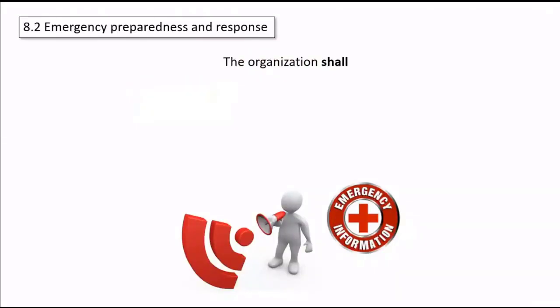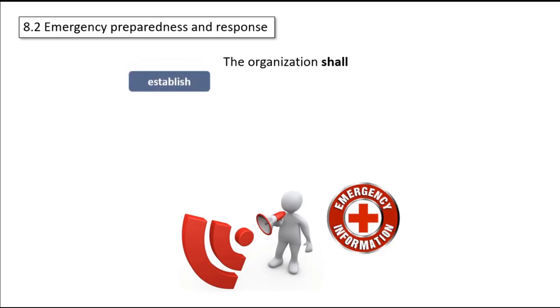Now we go to 8.2, emergency preparedness and response. You can see here it is about emergency situations that you need to prepare for, and if they happen, you need to respond. So what's the requirement under 8.2?